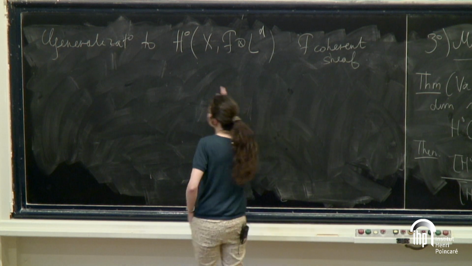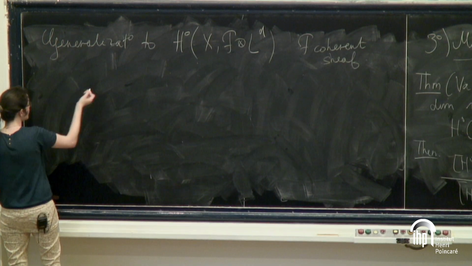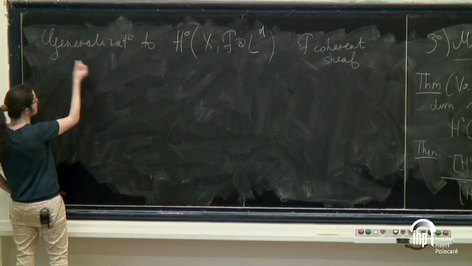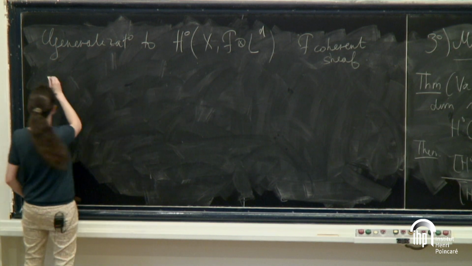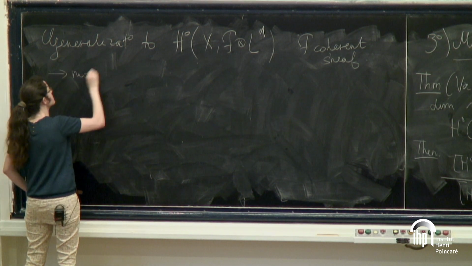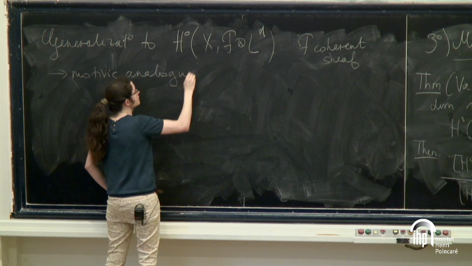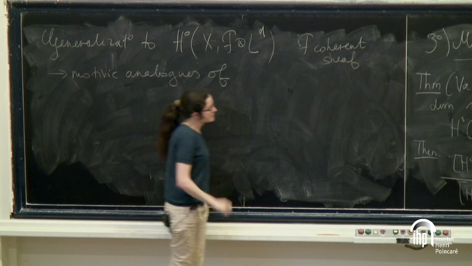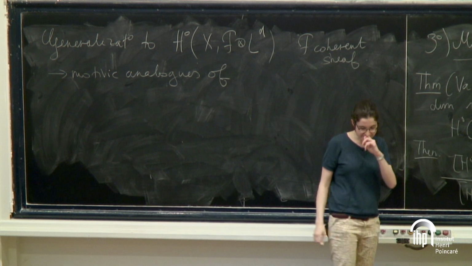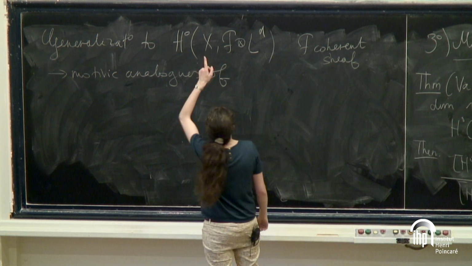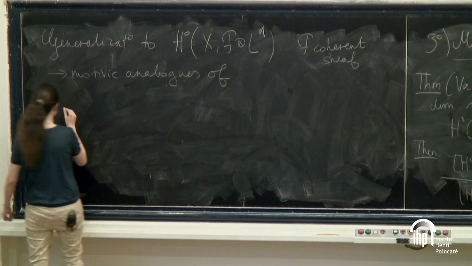And the nice thing with this is that this is the right setup to get Motivic analogues of many variants and generalizations of Poonen's Bertini theorem that are present in the literature.